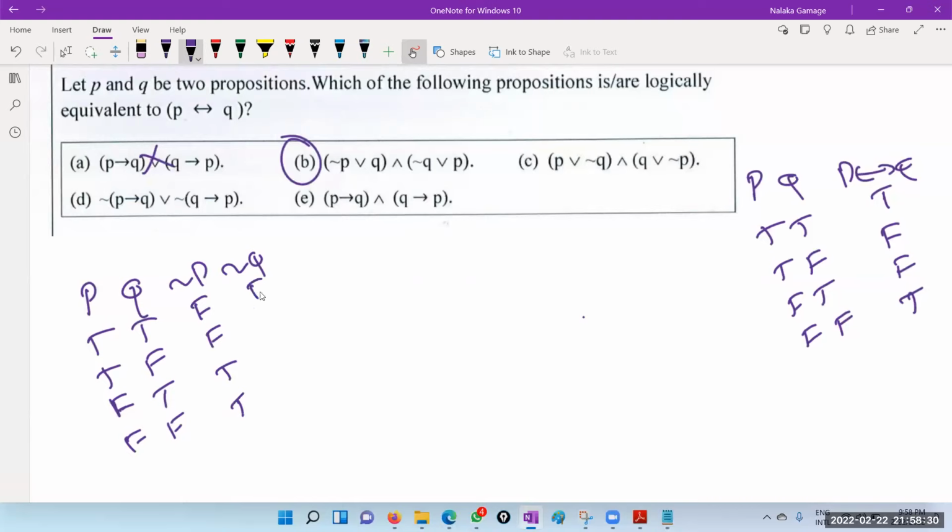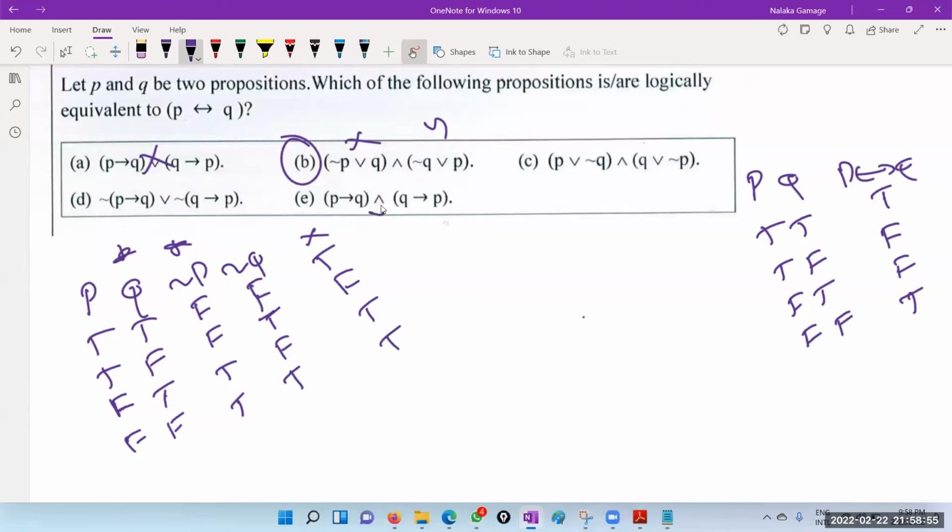Not Q is false, true, false, true. I need not P or Q. I will say X and Y. My X is not P or Q: true or false, true; false or false, false; true or true, true; false or true, true.